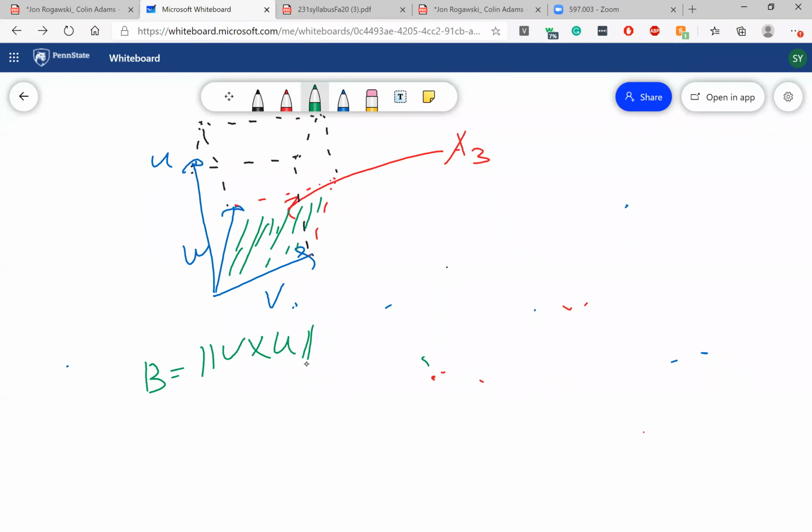Now, the area of the whole thing is equal to the base times the height. And the base is the magnitude of V cross U. Now, how do we find the height?